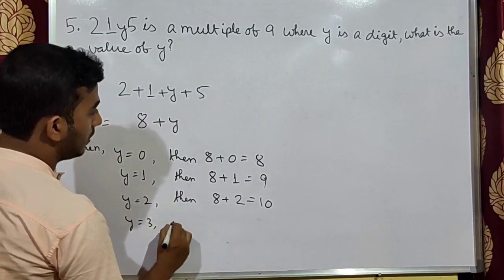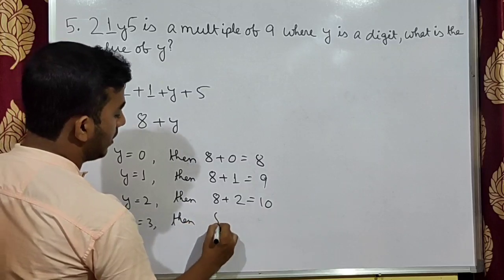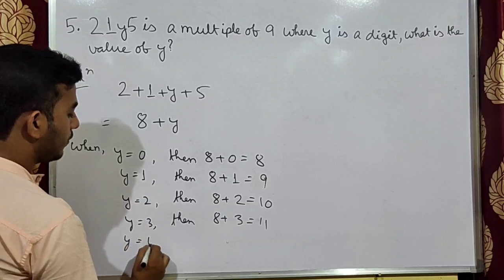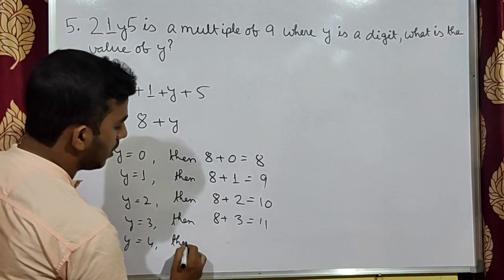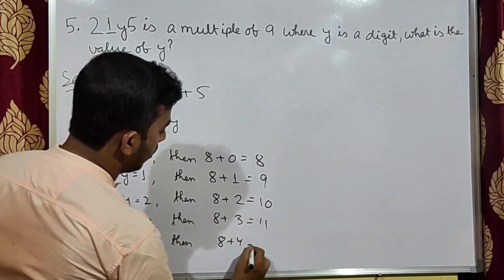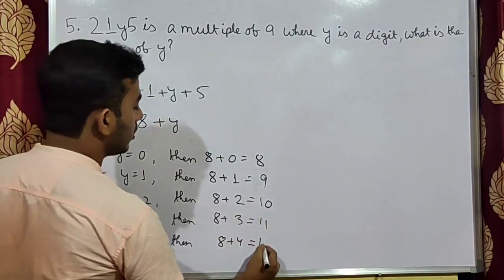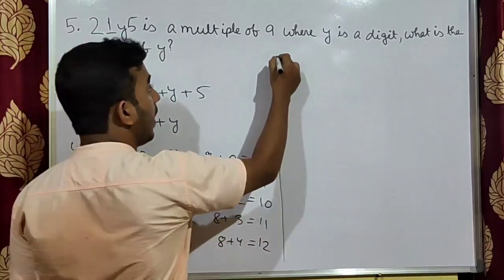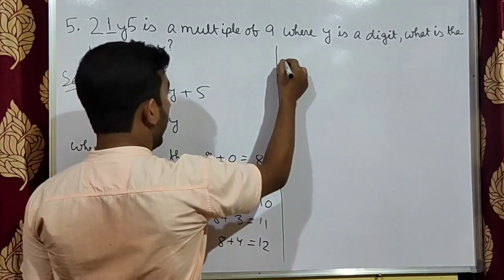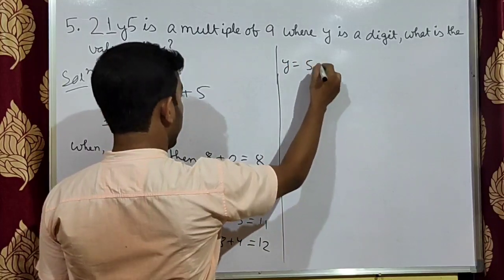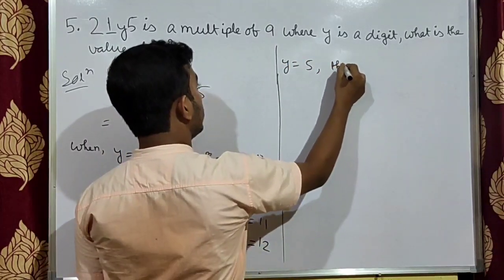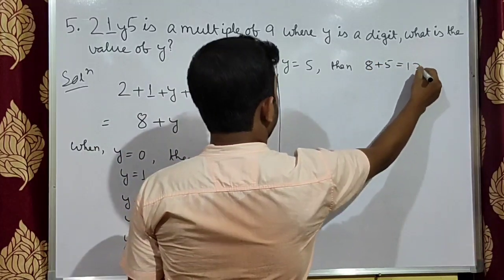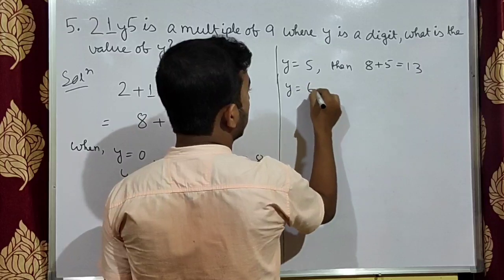When y equals 3, then 8 plus 3 equals 11. When y equals 4, then 8 plus 4 equals 12. After 4 it comes 5, y equals 5, then 8 plus 5 equals 13.